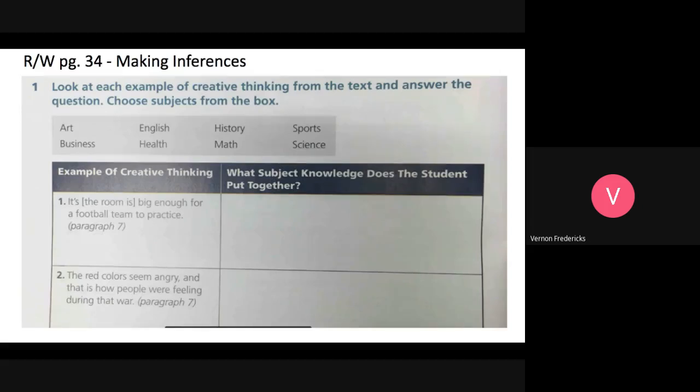Number 2: the red color seems angry, and that is how people were feeling during that war. From what subjects can we take that information? We can take that information from art, and we can also take it from history, the war.